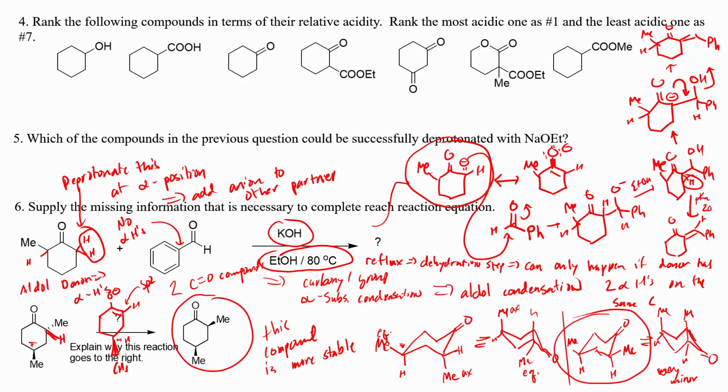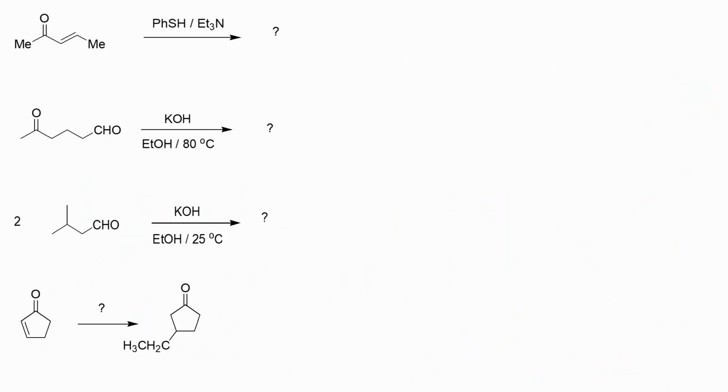And the only thing that's making this reaction go to the left or right is equilibrium. This is a system at equilibrium. When the system's at equilibrium, delta G equals minus RT ln Keq, which just means that the more stable compound is favored at equilibrium. The more stable compound is the compound on the right.